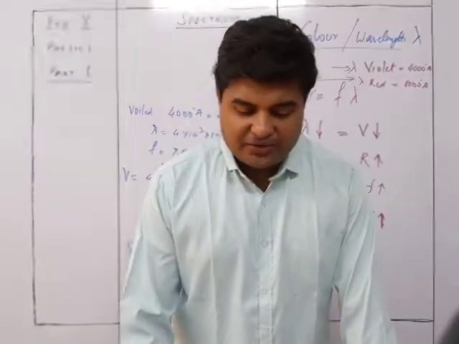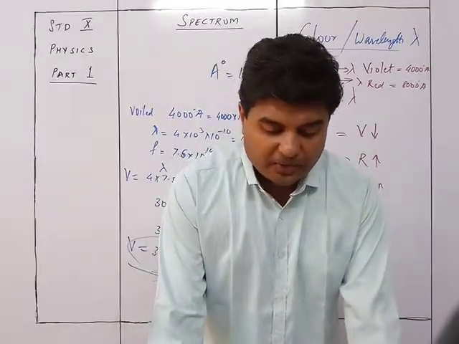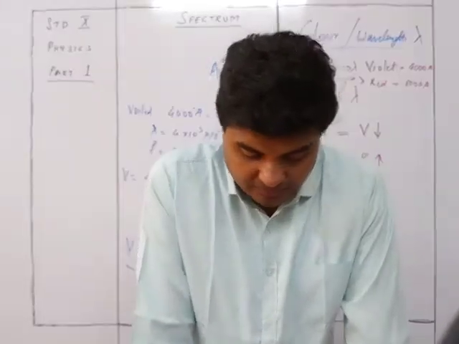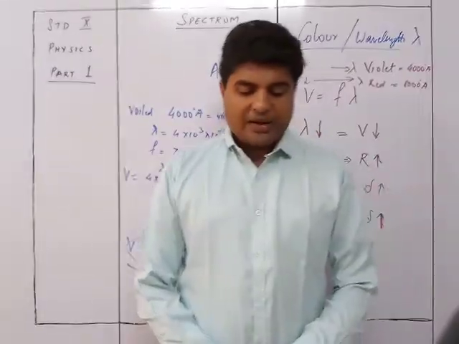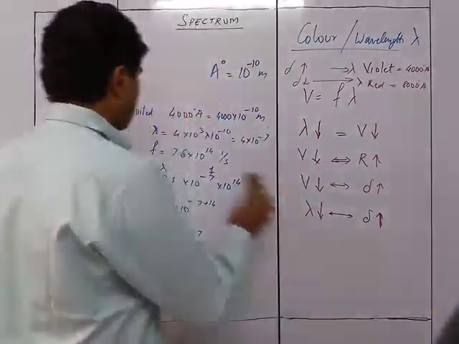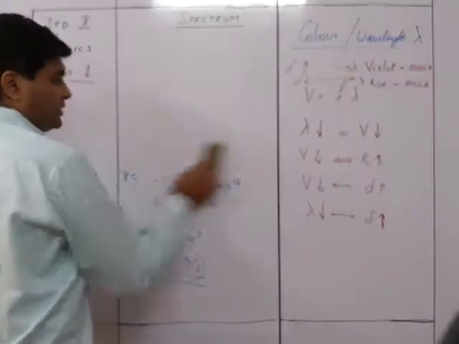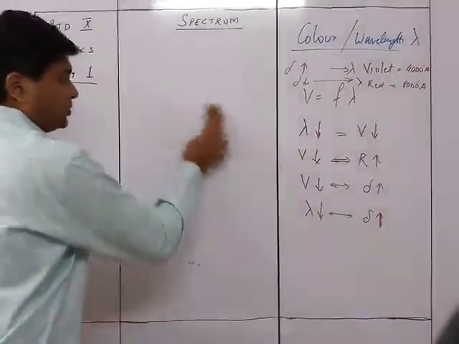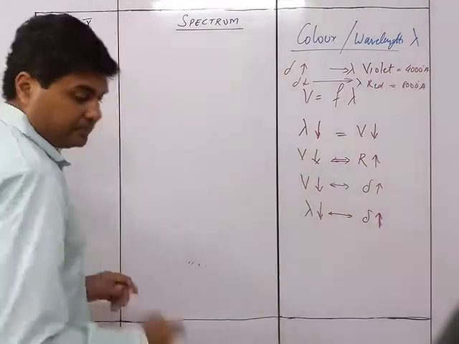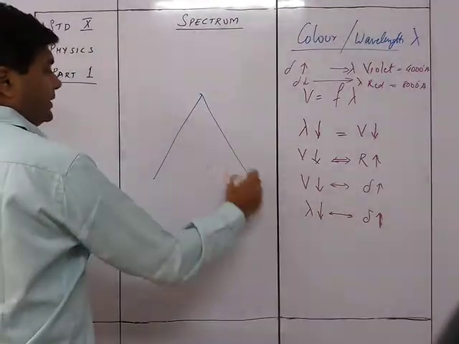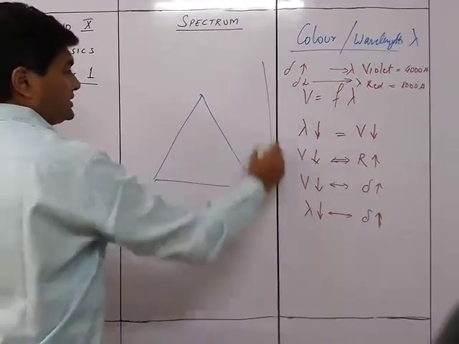To investigate it further, he performed another experiment with a prism. So Newton allowed white light, a simple experiment. He took a prism and used a screen here.